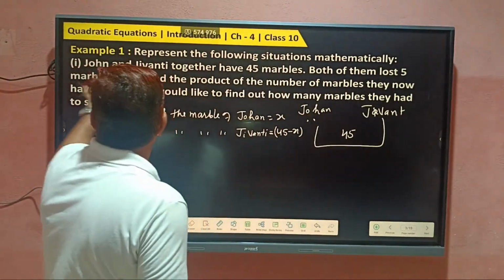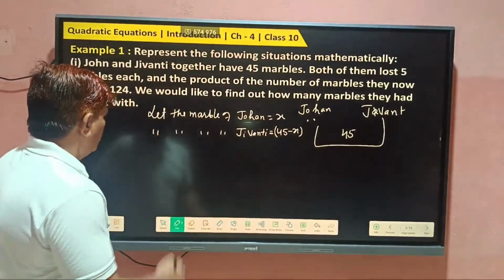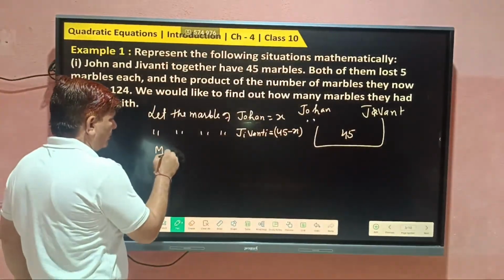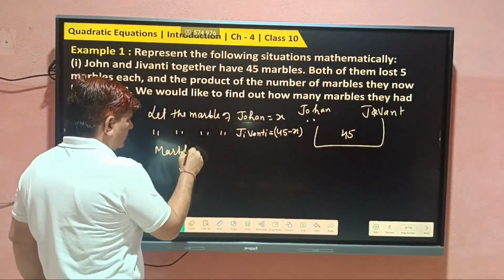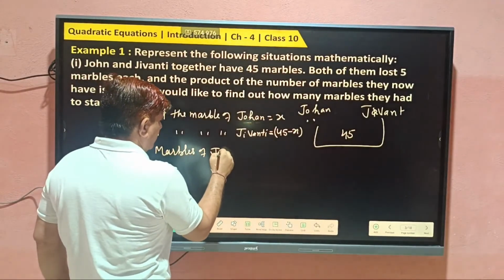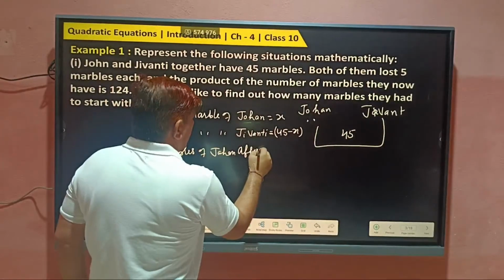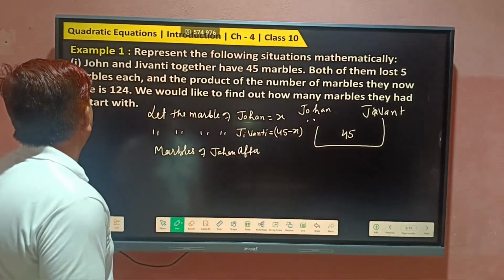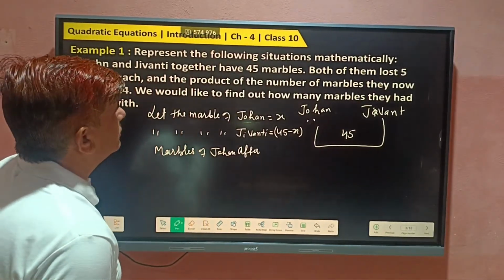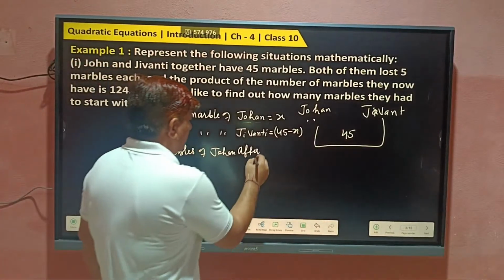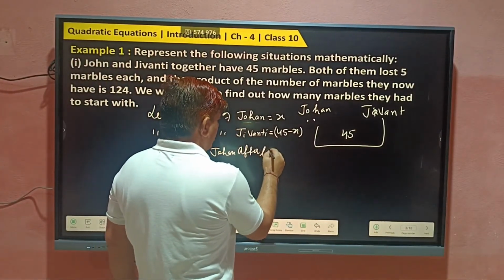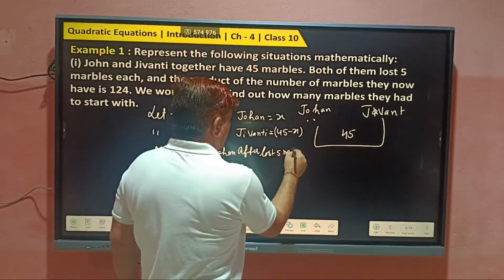Both of them lost 5 marbles. So the marbles of John after losing 5 marbles.